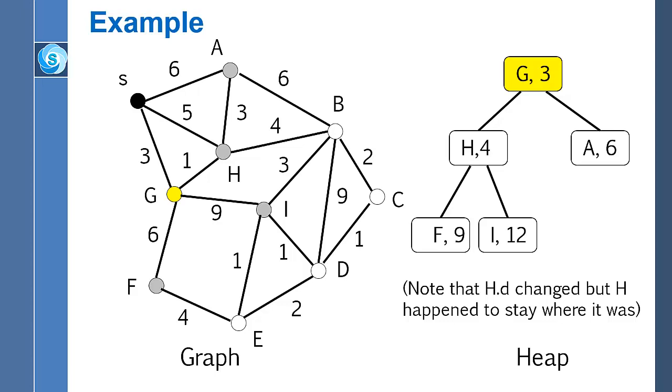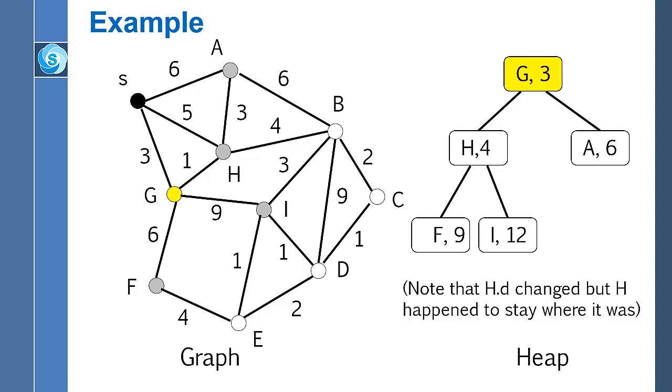And if you go through the usual heap stuff, you discover that G will get moved to the top of the heap, and H and A will be underneath it. Okay? All right. So now it's time to process the vertex G, because it's at the top of the heap.